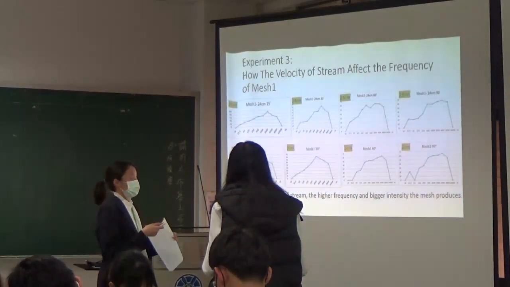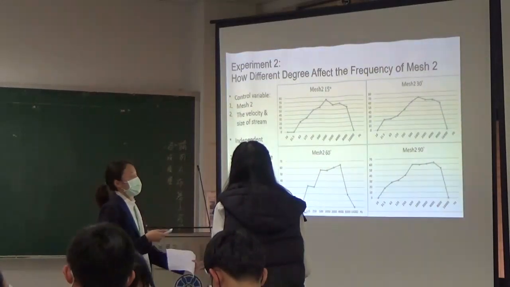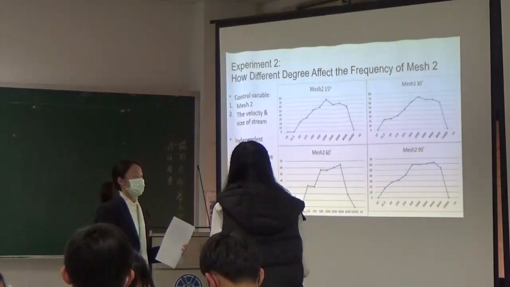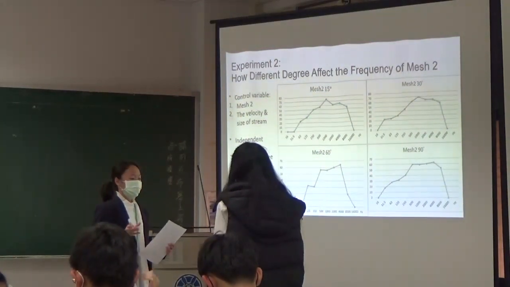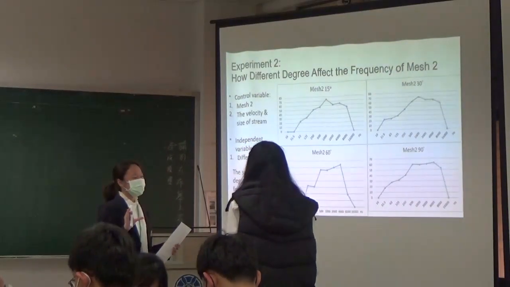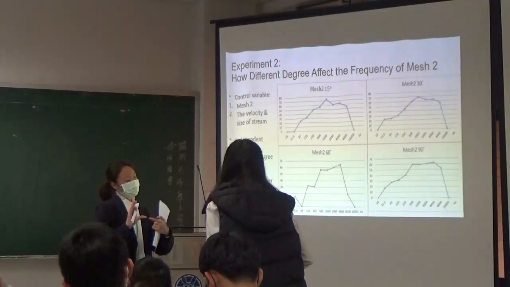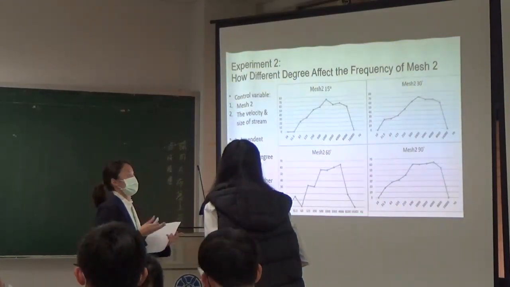And if you're asking about the degree, I found out the smaller degrees will cause a higher intensity, because when deploying in the smaller degrees, the mesh of the vertical axis will be smaller, which is related to my experiment later.